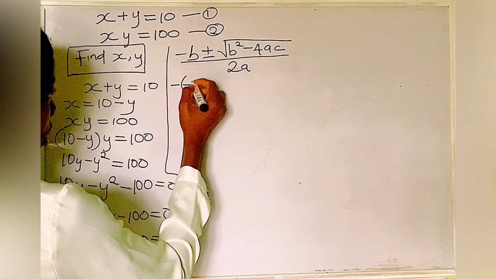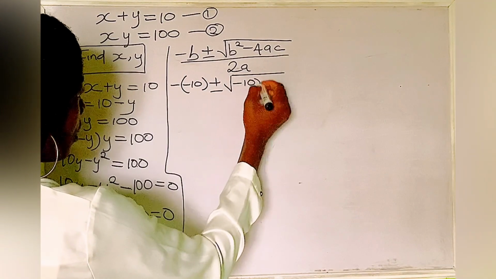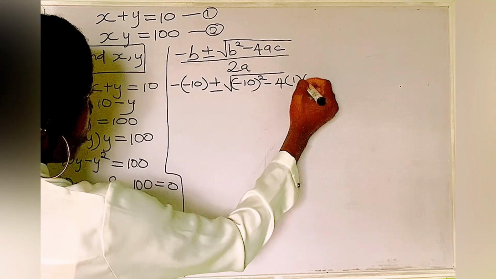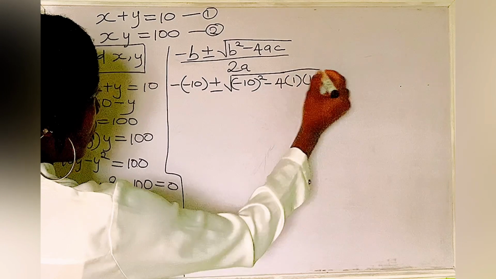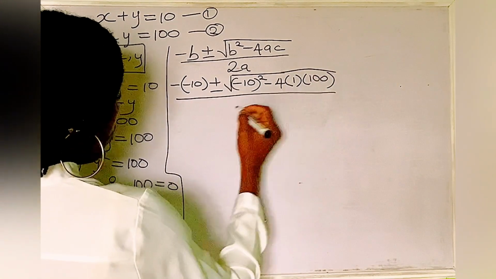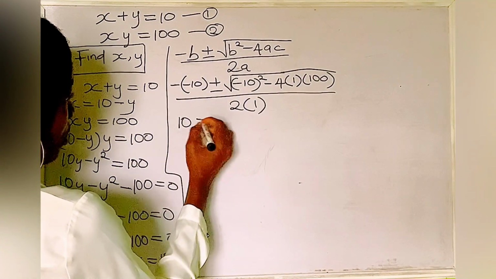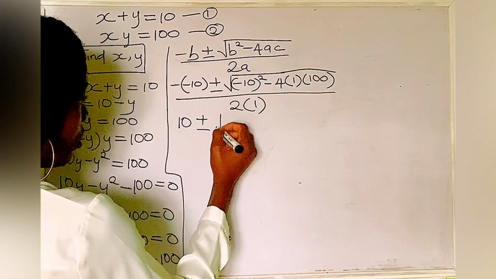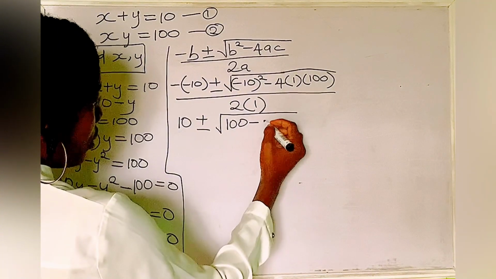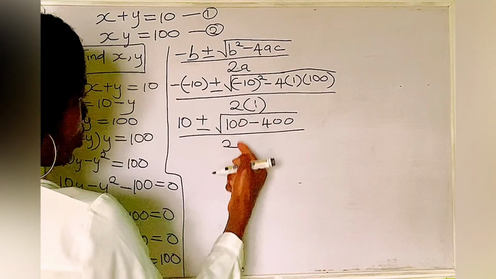So minus negative 10 plus or minus the square root of negative 10 squared minus 4 multiplied by 1 multiplied by 100, since our c is 100 and our a is 1, all over 2 multiplied by 1. Negative negative will give you positive 10, plus or minus the square root of 100 minus 4 times 100, which is 400, all over 2. 2 times 1 will give you 2.